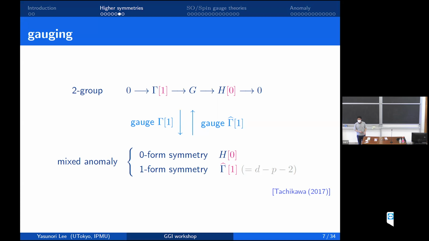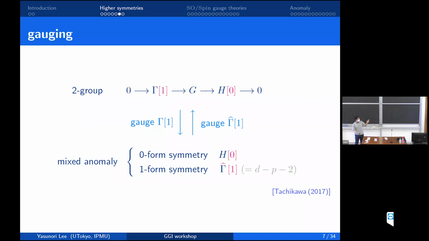Simple question: you say that gamma is finite. Is that relevant for this gauging procedure? Yes. For the non-finite case, I'm not sure about the inverse operation, the upward arrow.